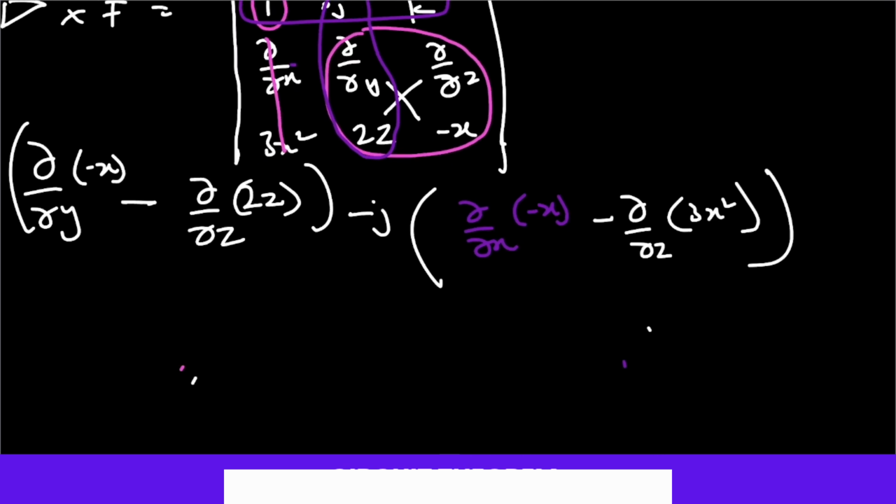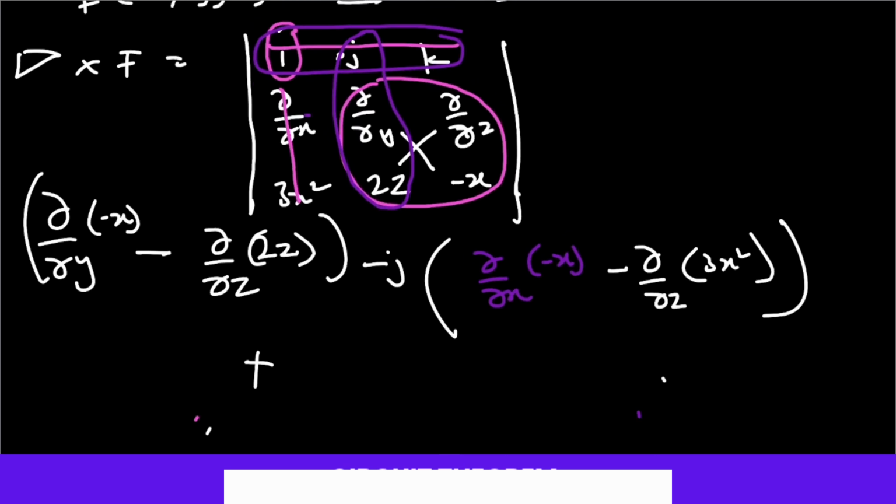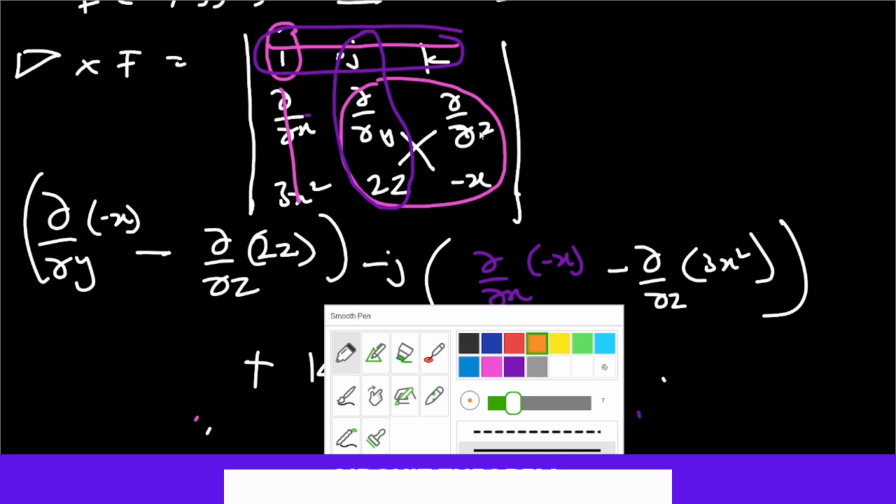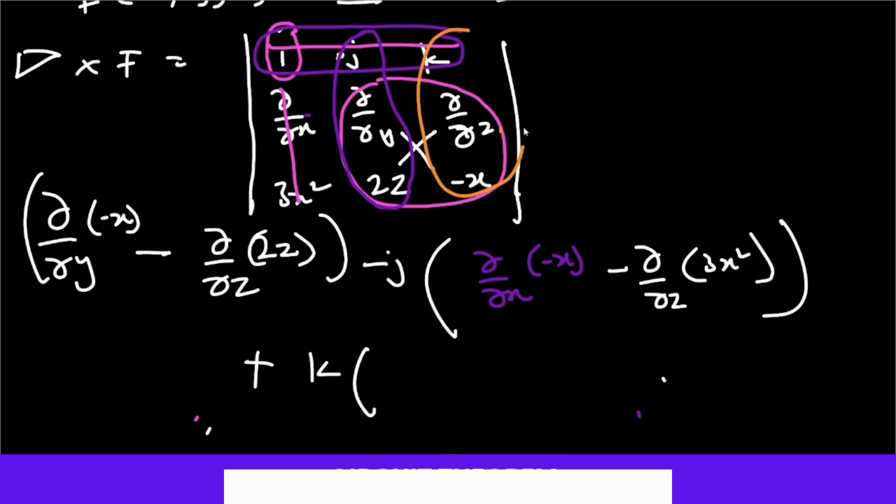Then let's go down. We have plus, and here we are taking k, which is the last one. If we are taking k, the whole of these two will go, and we will be left with this and this.